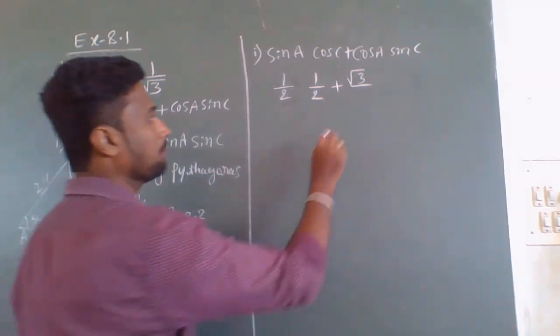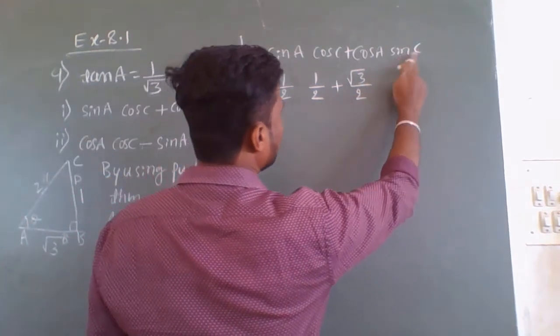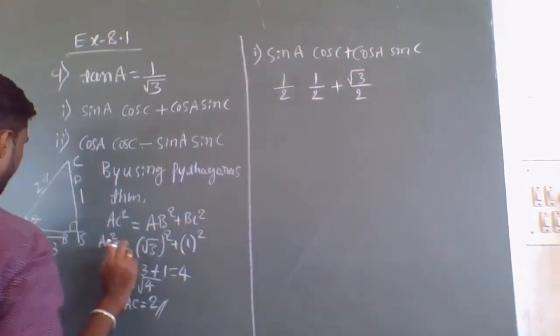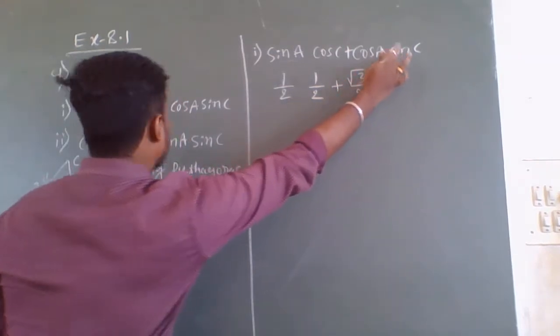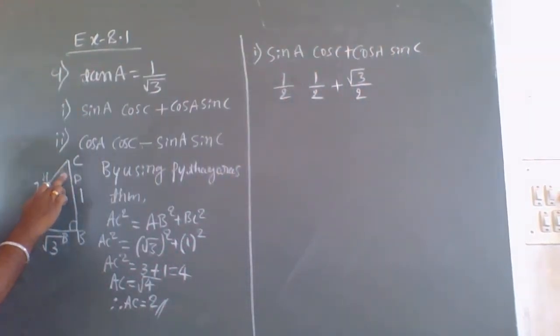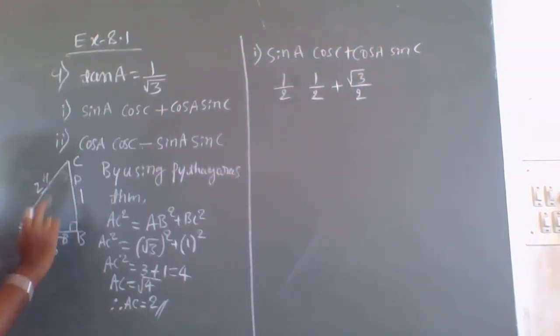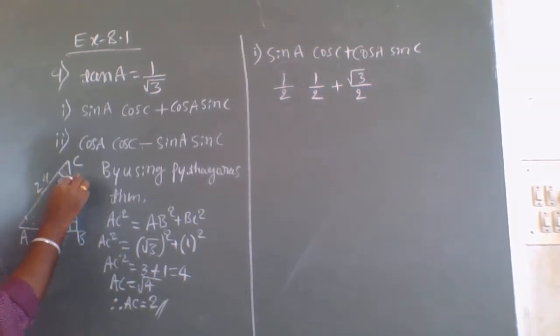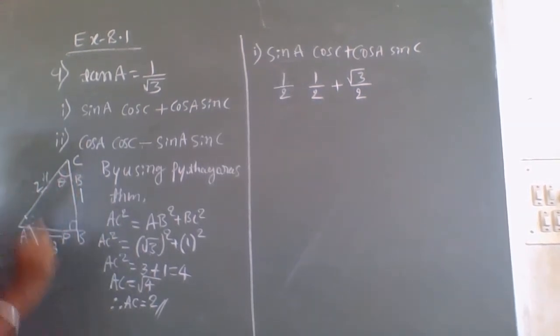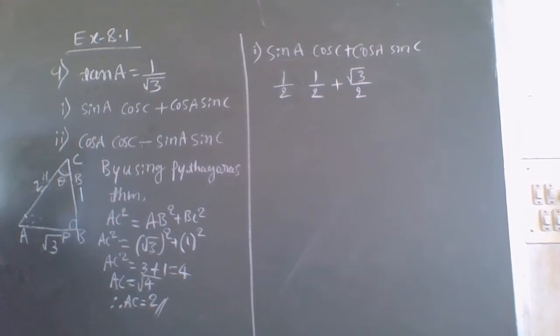So root 3 by 2 into sin C. Now angle C is referred to as theta again, so the perpendicular and base change, but the hypotenuse remains constant.